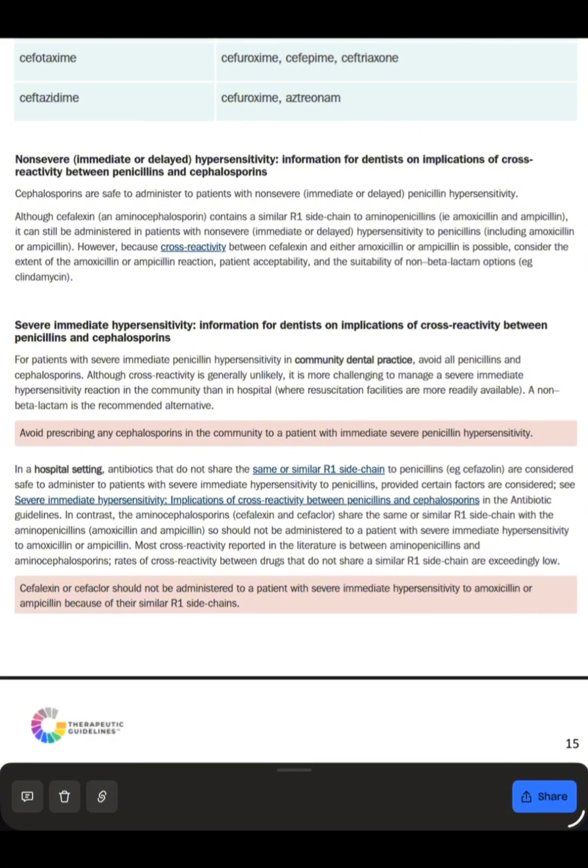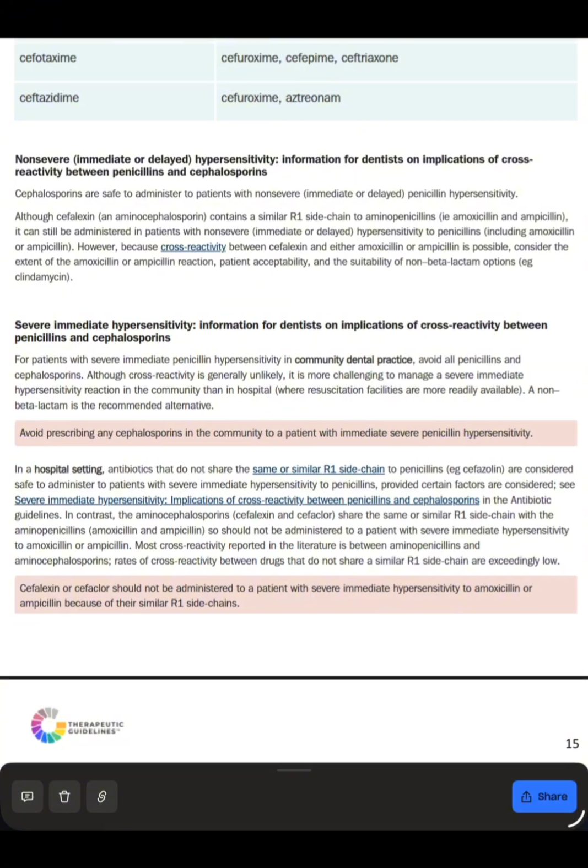In contrast, the aminocephalosporins, cephalexin and cefaclor, share the same or similar R1 side chains with the aminopenicillins, amoxicillin and ampicillin, so should not be administered to a patient with a severe immediate hypersensitivity to amoxicillin or ampicillin. Most cross-reactivity reported in the literature is between aminopenicillin and aminocephalosporin. Rates of cross-reactivity between drugs that do not share similar R1 side chains are exceedingly low.